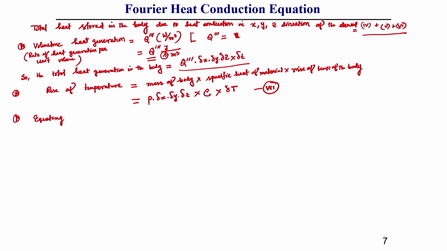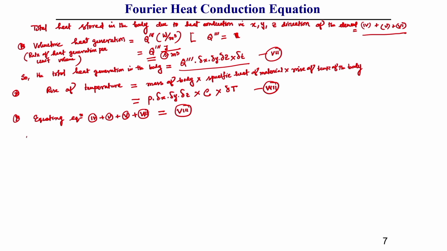Equating equation 4 plus 5 plus 6 plus 7 with equation number 8, we get our Fourier heat conduction equation.